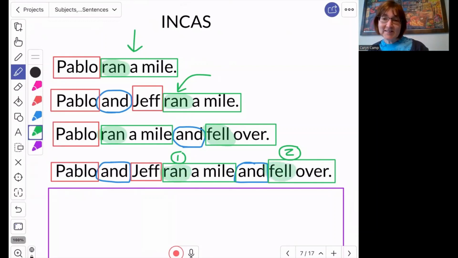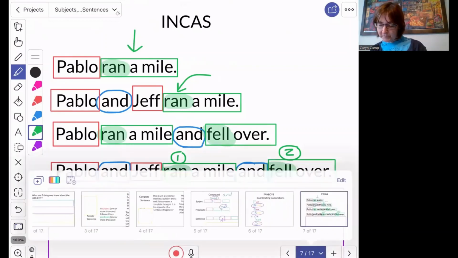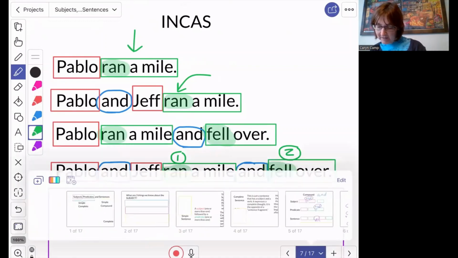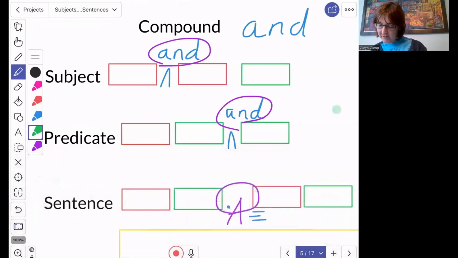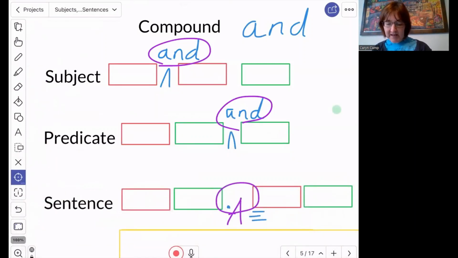Now, where it gets tricky is to say, let's talk about the whole sentence. Do we think this is still a simple sentence, or has it become a compound sentence? So remember, if we go back to looking at our compound page, to be a compound sentence, it has to go red, green, red, green. We would need to find a place to split it in two and make two simple sentences.